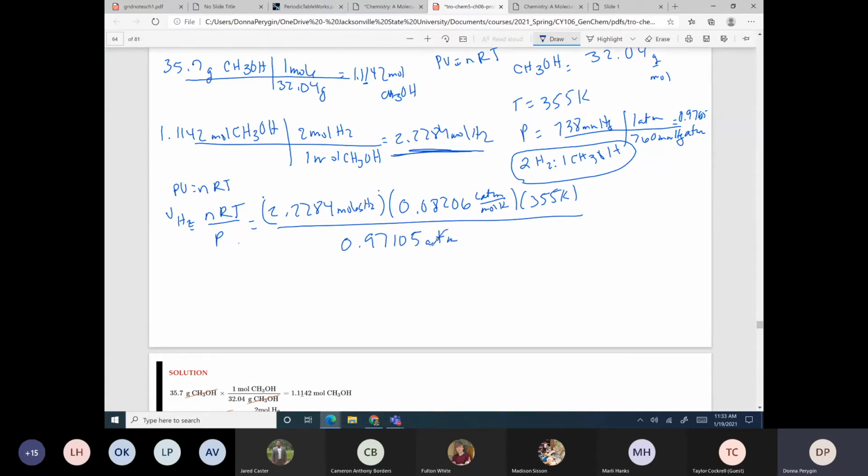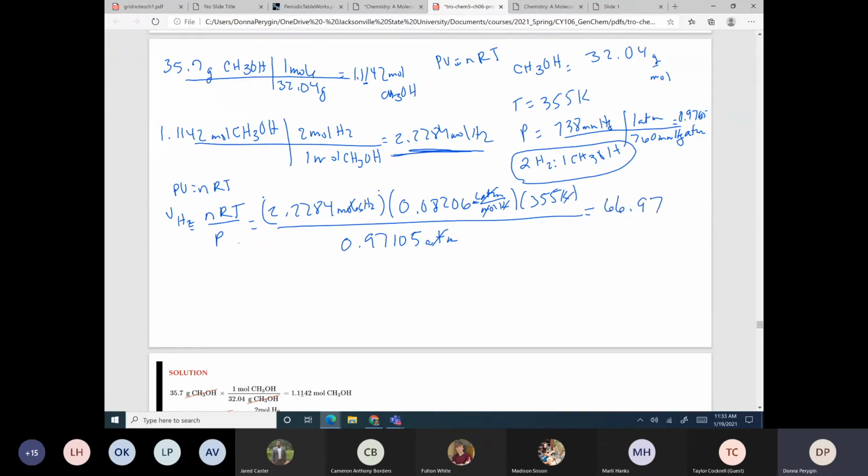Okay, so atmospheres cancels, moles cancels, kelvins cancels. Now we're left with liters, which is volume, so that's correct. And that gives us 66.9 liters. Okay.